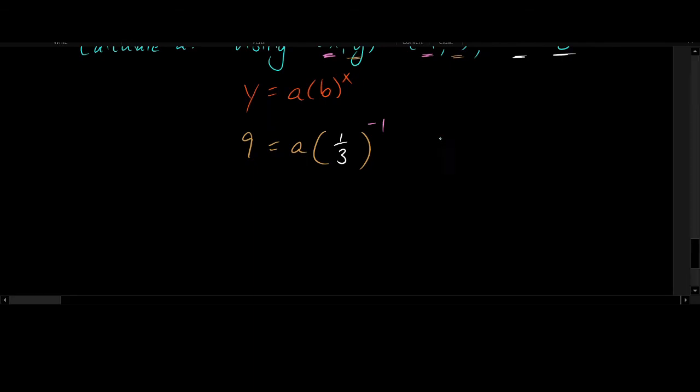The first thing that I'm going to do is simplify a little bit. I'm going to use the fact that if I have something to the power -1, then that reciprocates what we have in the parentheses. A -1 exponent reciprocates.